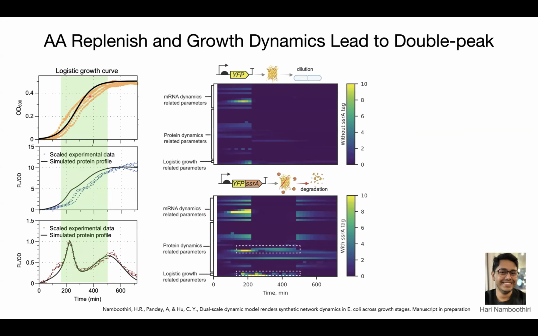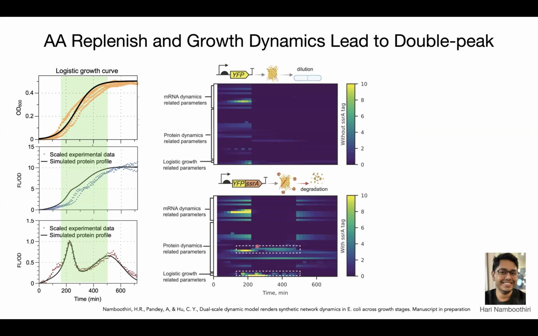So we did a sensitivity analysis, and we perturbed every single parameter of this model over time to see how much impact it makes on the YFP signal.